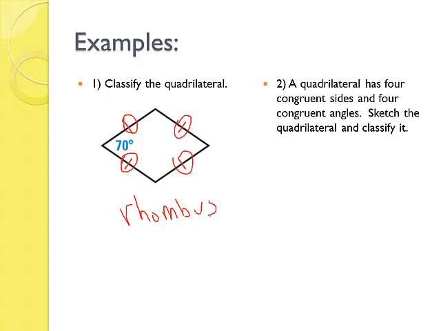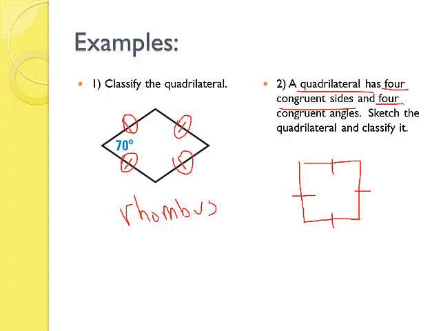Number 2, a quadrilateral has 4 congruent sides and 4 congruent angles. Sketch the quadrilateral and classify it. If we know it's a quadrilateral, that means it has 4 sides. So 1, 2, 3, 4. It has 4 congruent sides. So how do you label congruent sides? 1, 2, 3, 4.